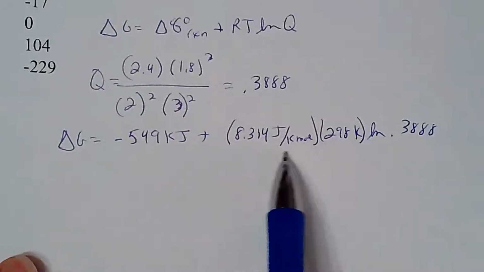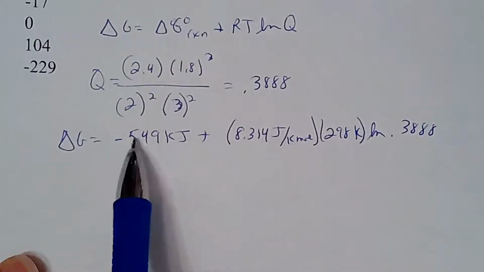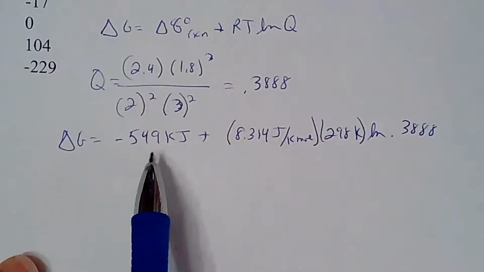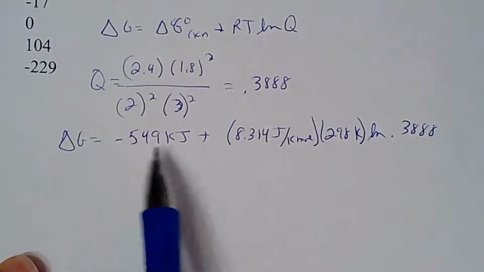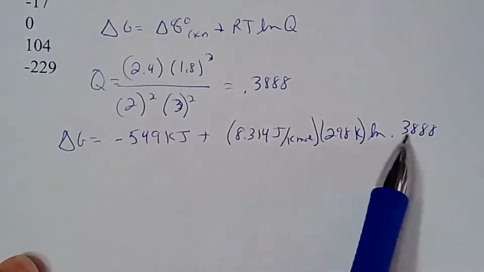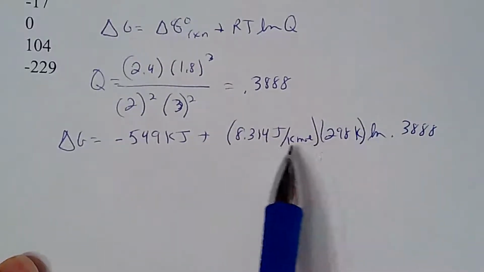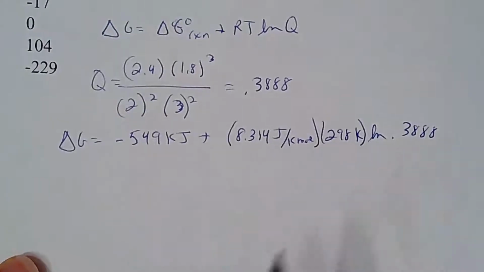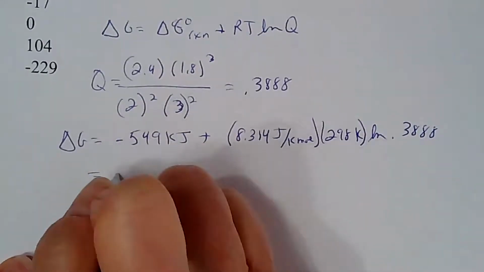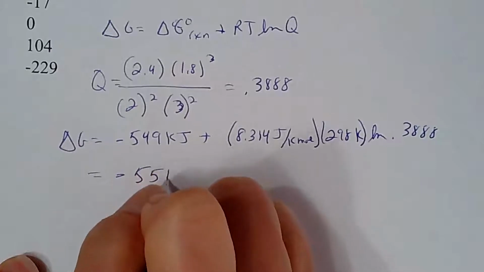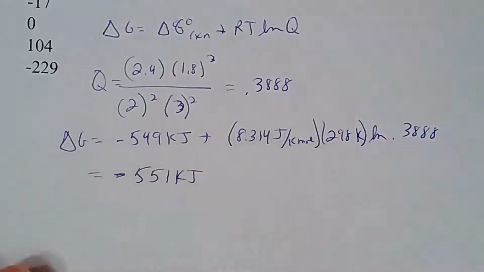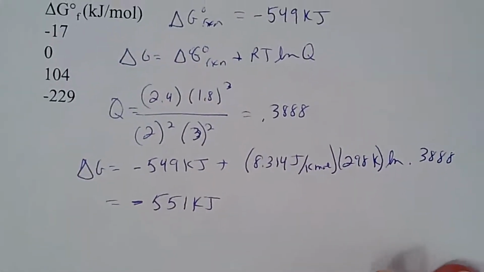Recognize this is in joules, so I really need to convert this to kilojoules and make sure everything is the same. Regardless, this comes out to be negative 551 kilojoules of my free energy.